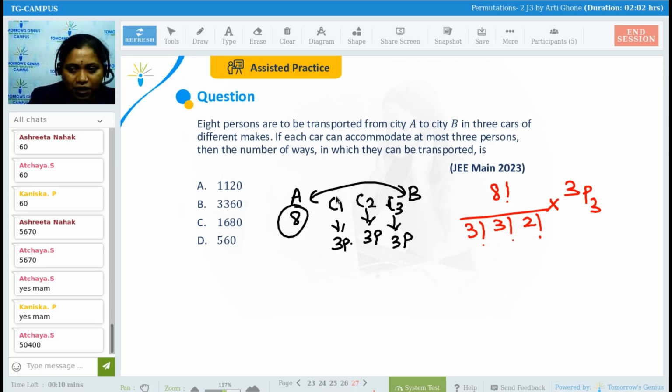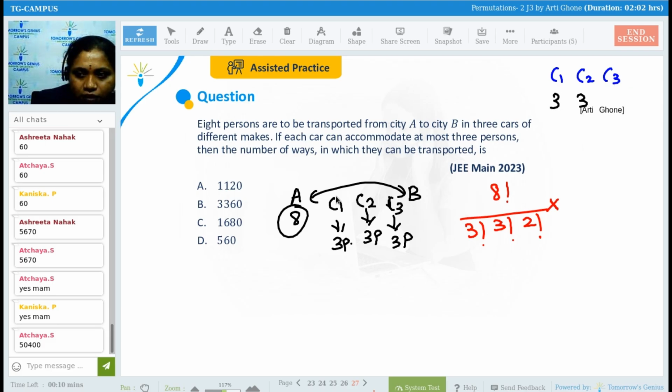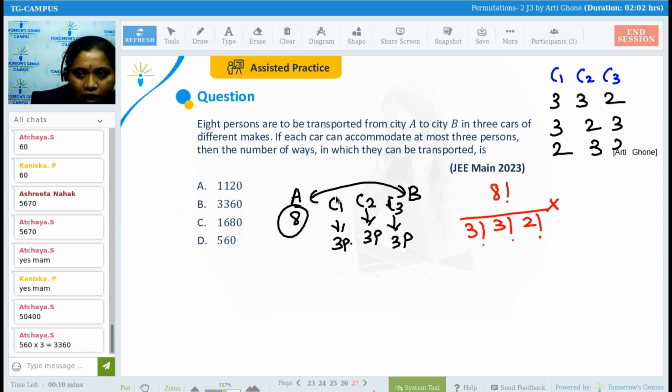Okay, now for the 3P3 ways, just for this one I'll make another understanding. See how many types there are, we have a simple count. So I'm just making here car 1, car 2, car 3. What is the first possibility? First 3, 3, 2, or 3, 2, 3, or 2, 3, 3. Any other possibility will arise?